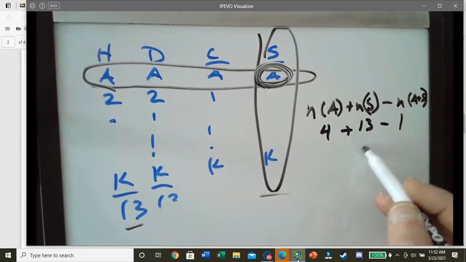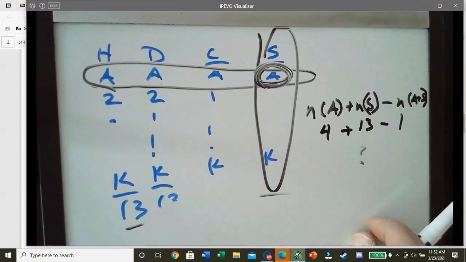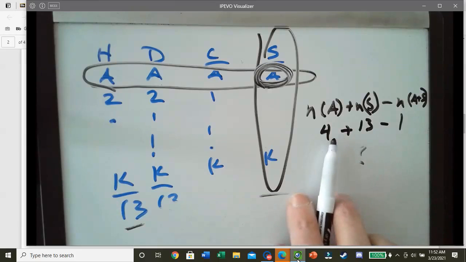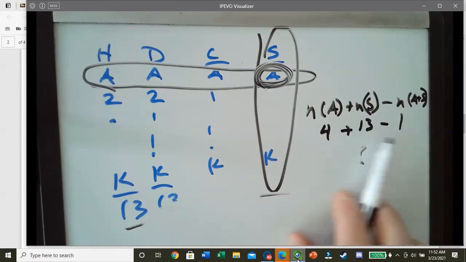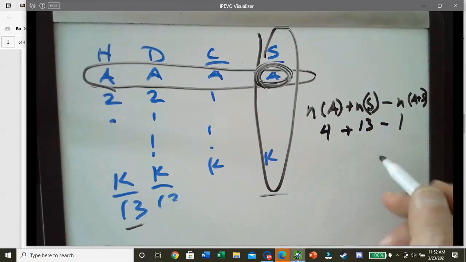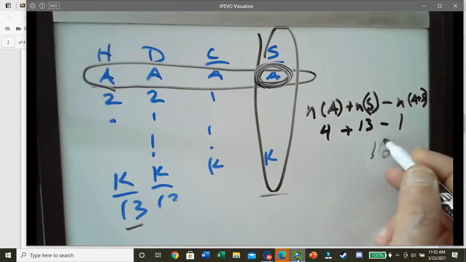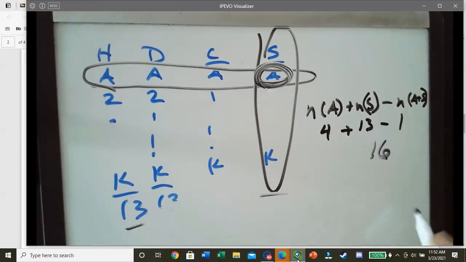So that gives us a total of how many? Well, what's 4 plus 13? 17 minus 1 is 16. So that's our answer. Okay?